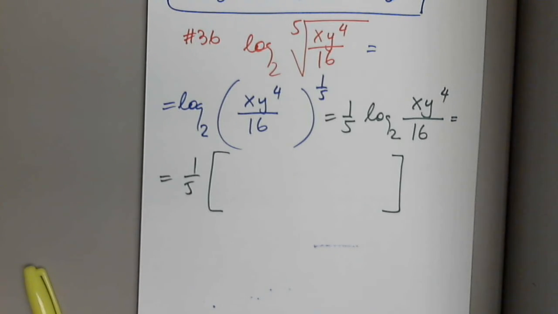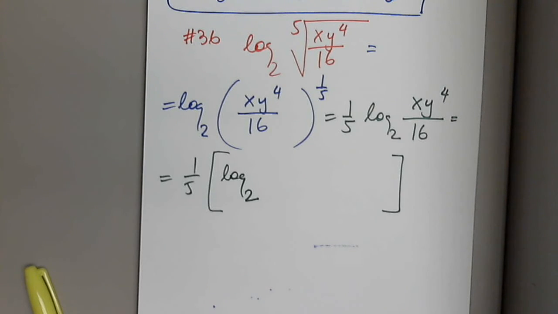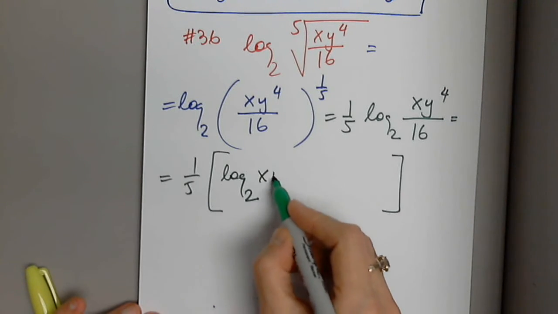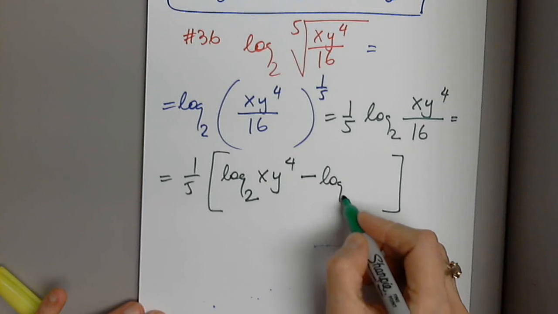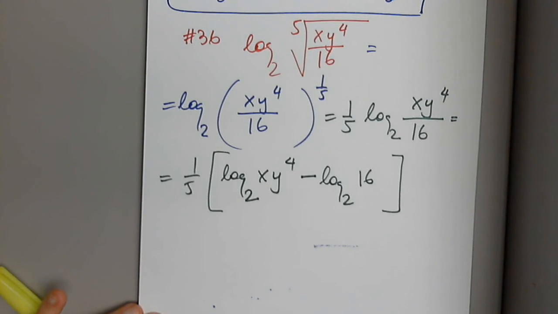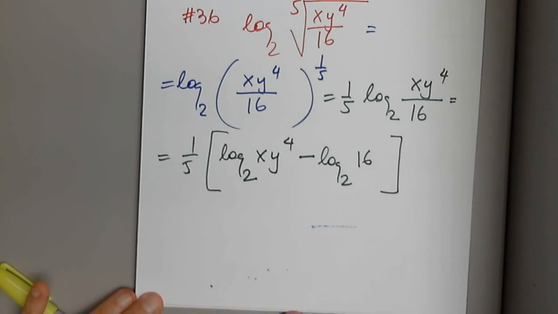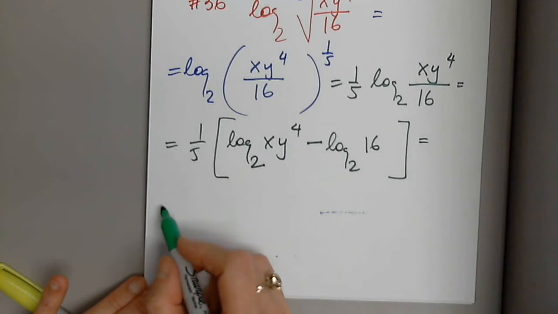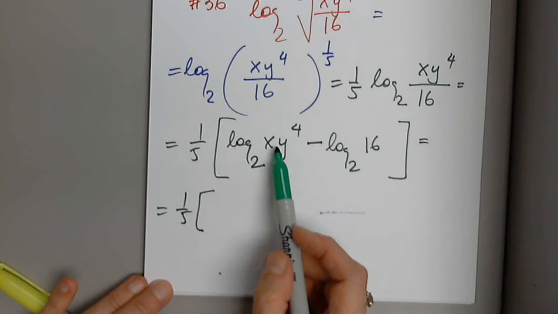And now I'm back to the previous example in which I had log of a ratio. How do I start? With log base 2 of xy to the 4th, very good, but minus, because 16 is coming from the denominator, log base 2 of 16. Next step is 1/5. Now I have to break this up because it's a product.